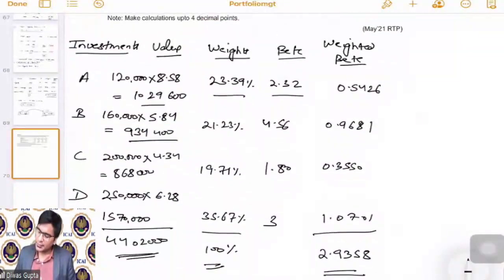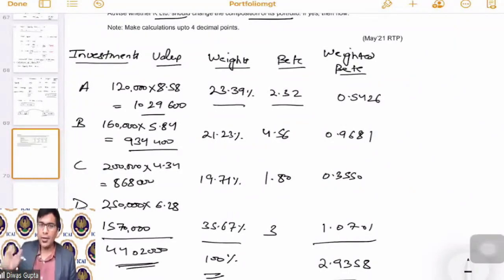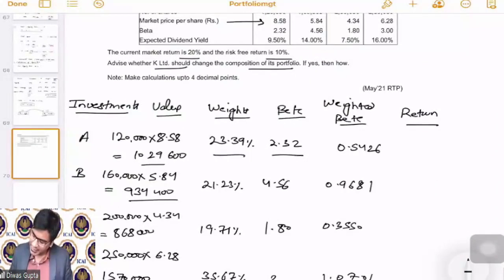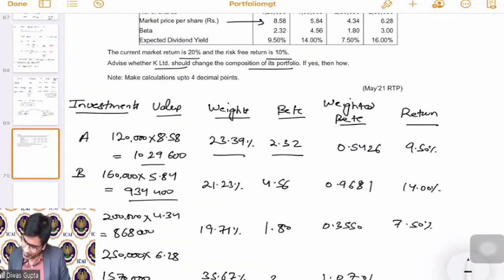First of all, let us calculate the overall portfolio return, because individual returns are given to us, right? The first one is 9.5%, the second one is 14%, 7.5% is C, and 16% is D's return.